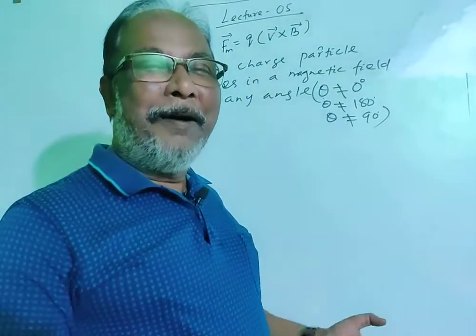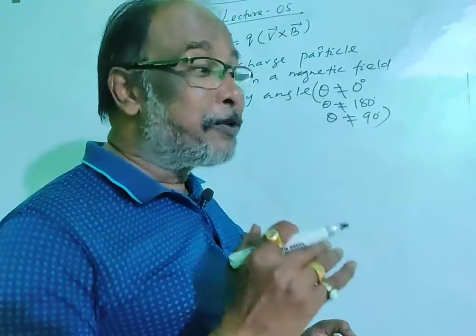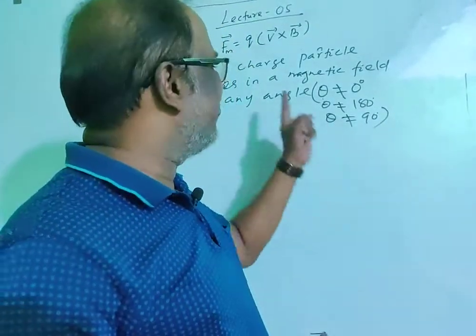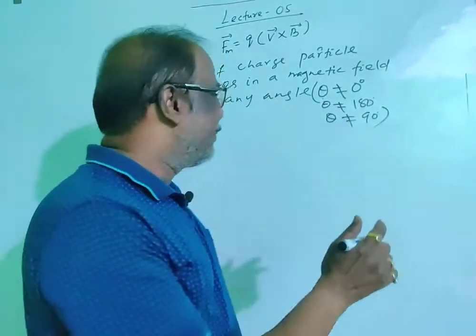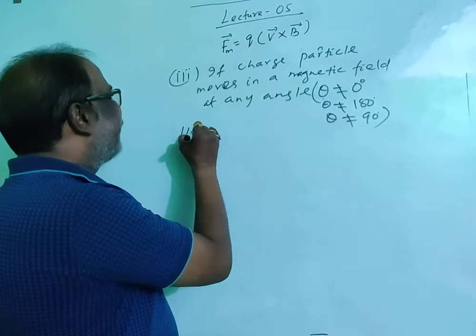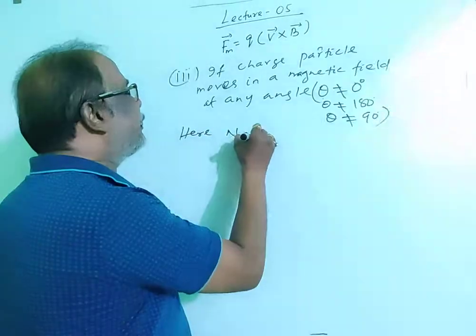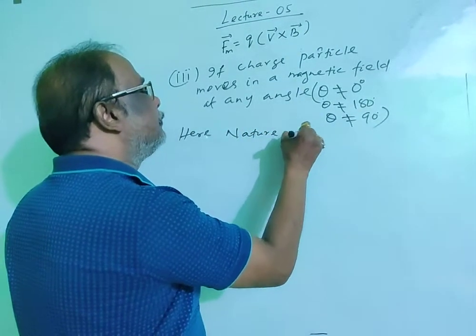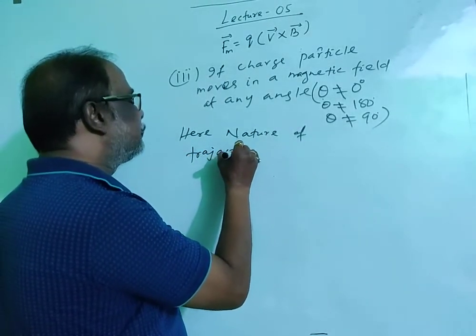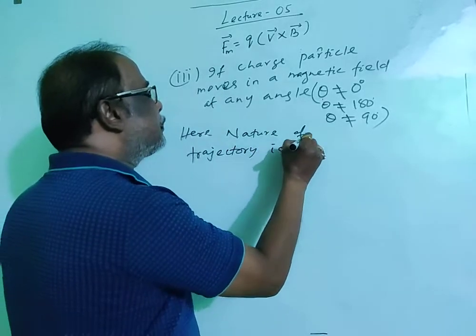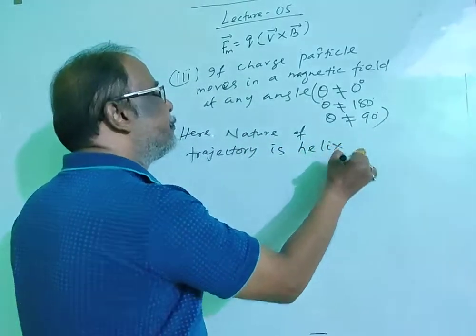As it is found from experiment, if a charged particle moves in a magnetic field at any angle, then the nature of trajectory is helix.